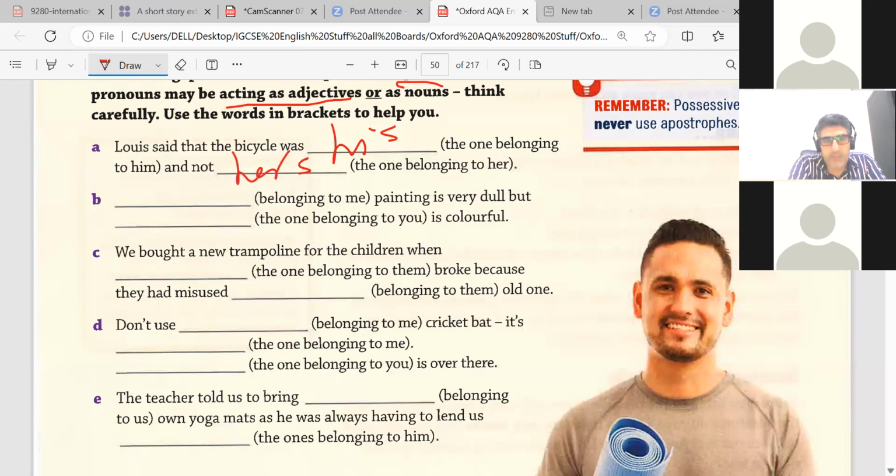Okay, B, Khalid. My painting is very dull, but yours is colorful. Very dull. What does dull mean? It does not contain colors. Perfect, dull means not colorful.